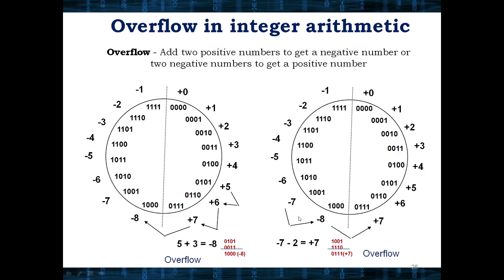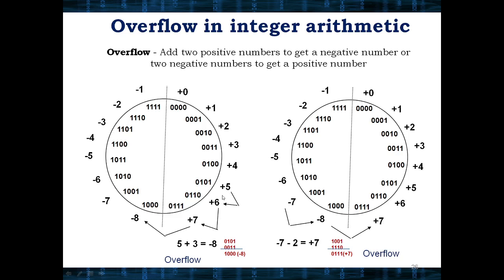So -2, for the first shift it will go to -8, the next shift it will go to +7. So it is going out of this range, right? All these are positive numbers and this is a negative number. So it is going out of the range. That means overflow occurs.